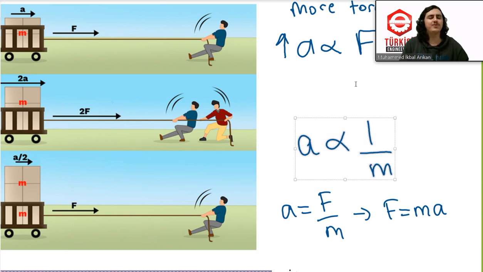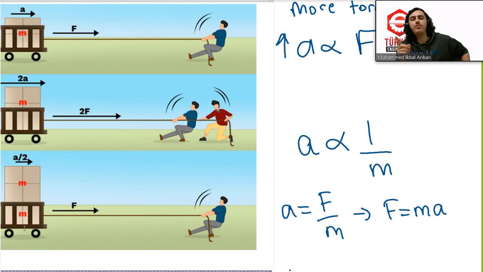What I mean by first order is to the power of 1, not to the 2 or to the 3. When I double the mass, if I get a quarter of the acceleration, that means they are not proportional in the first order, but in the second order, because one is multiplying by 2 and the other one is dividing by 4. So 2 times 2 is the square of 2, right?